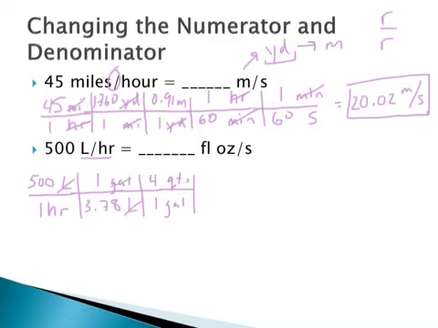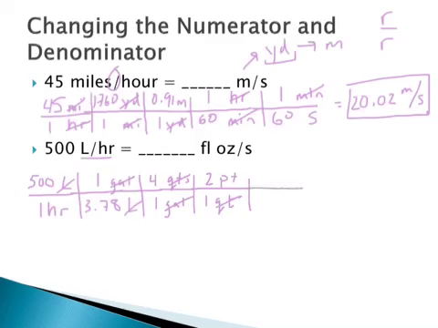Again, I'm canceling out gallons, so I need it in the numerator and denominator, and I'm left with quarts per hour. From quarts, in order to get to fluid ounces, I need to go to pints. So 1 quart, again trying to cancel it out, is going to be equal to 2 pints. Now I have pints per hour.